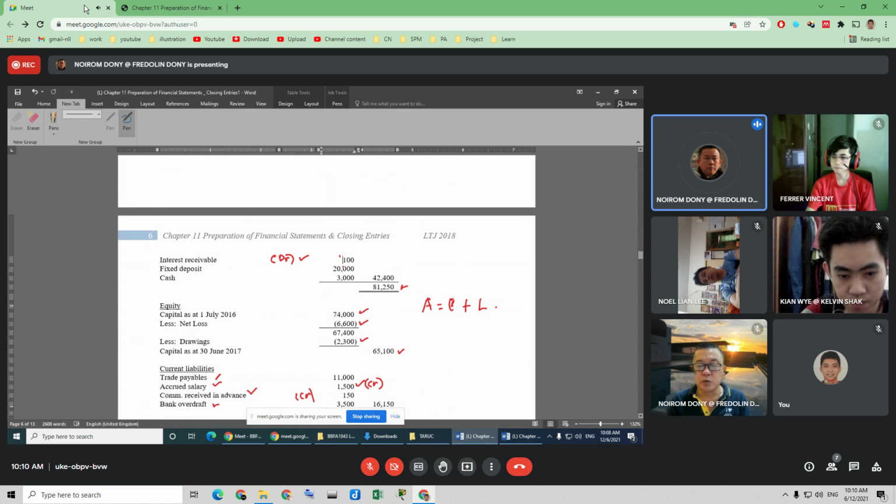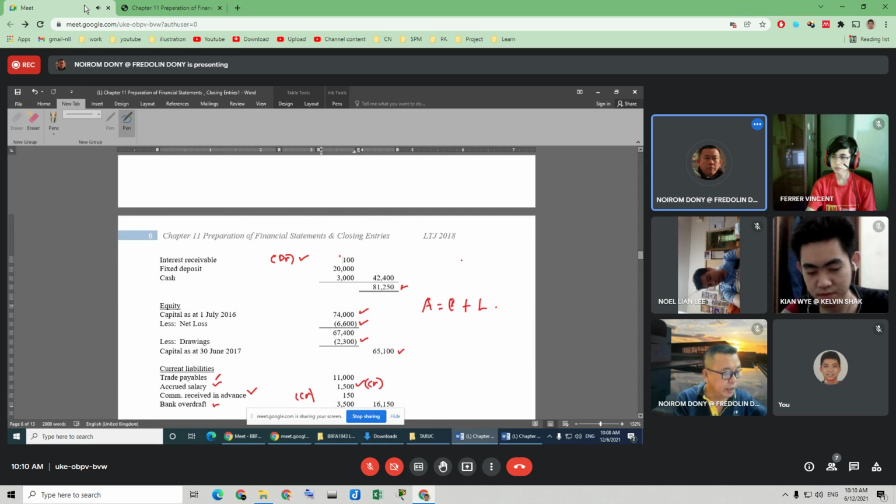So you total the current asset, and then you move to the third column and plus with the non-current asset. You should have the same amount, 81,250. Now, that is the first illustration. Can you follow? Can you understand?